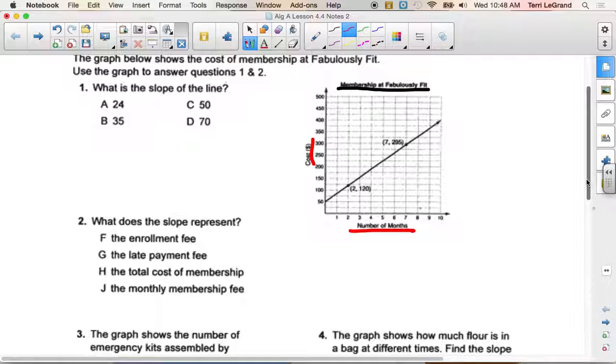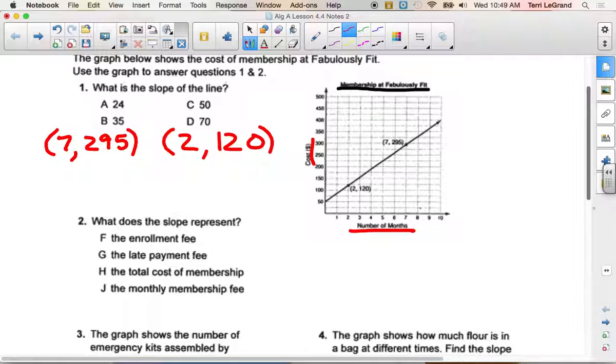So let's take the ordered pair 7. Could you read for me, what is the y value for that one? 295? Yeah. All the more reason not to use the counting method. Is 295 a multiple of 25? No, it's not even on a grid line. We don't want to use the counting method for this one. And then the other ordered pair is 2, 120, am I right?